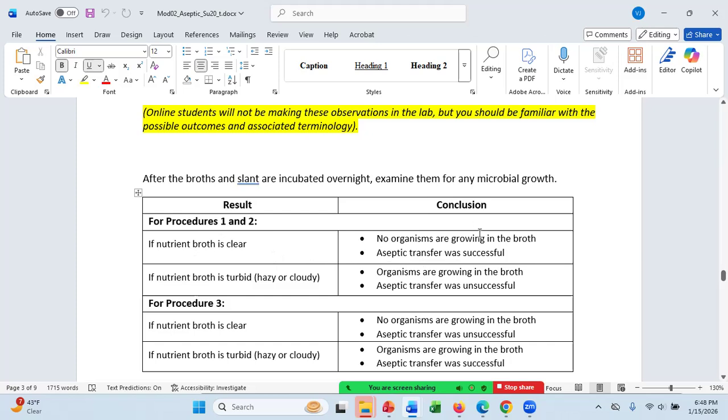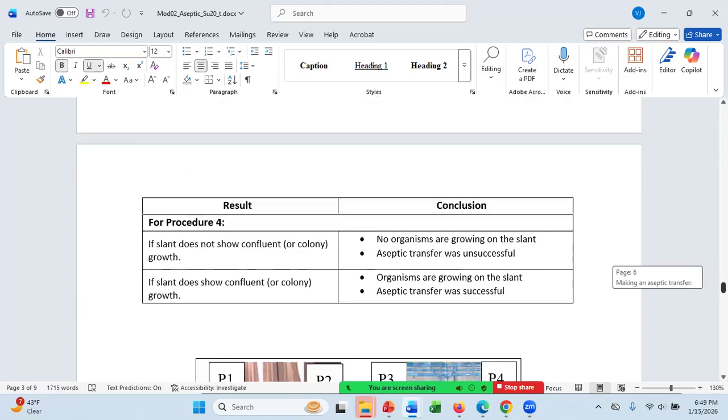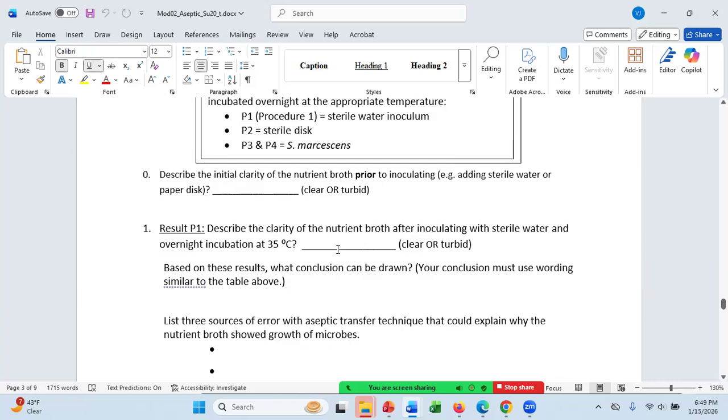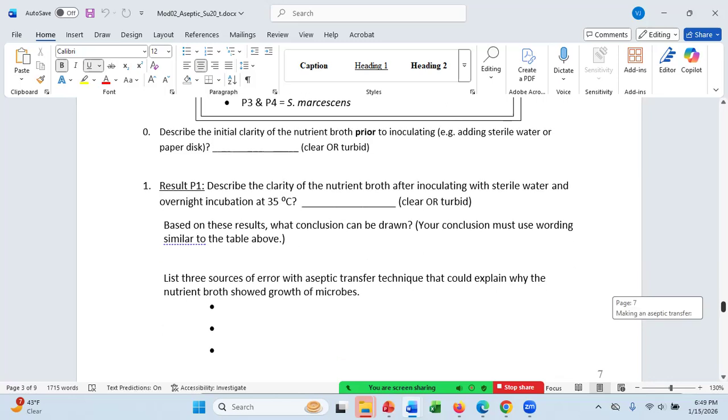You can either use the exact wording here or similar wording, but you must discuss whether there are organisms growing in the broth and whether the aseptic transfer was unsuccessful or successful. If the nutrient broth was turbid, hazy, or cloudy, then organisms are growing in the broth and aseptic transfer was unsuccessful. Everyone have any questions about procedure 1 and question 1A and 1B? Let's move down to 1C now.